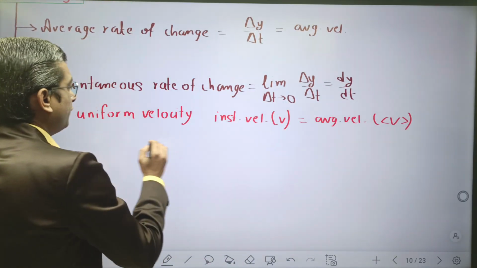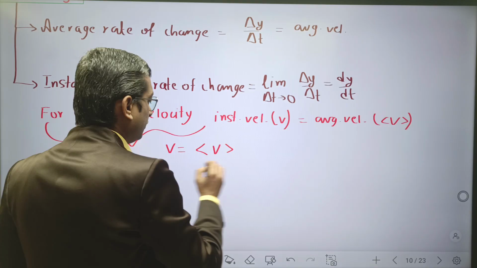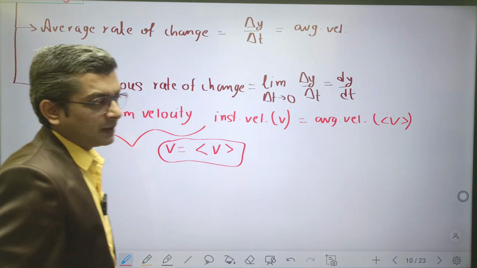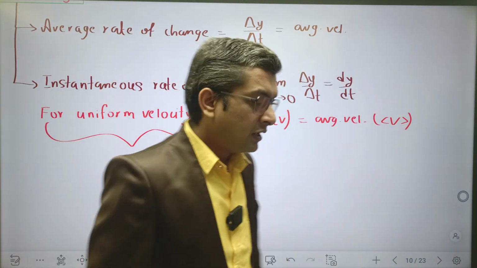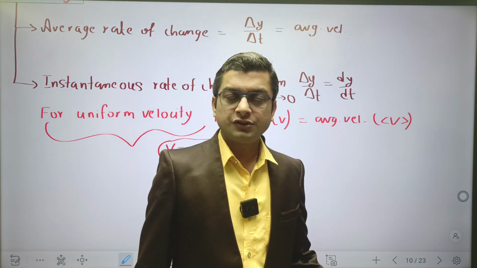So for uniform velocity, these two values are the same. That is, the average rate of change in position and the instantaneous rate of change in position are both equal.